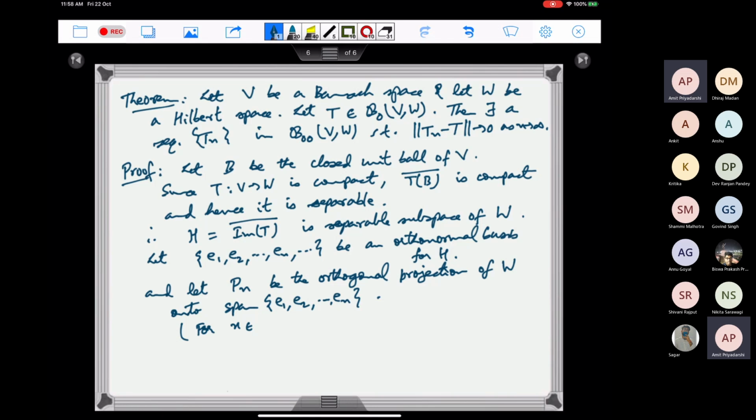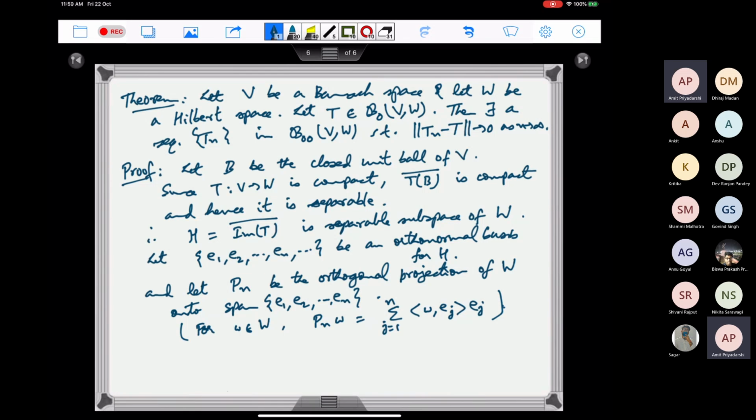So for any w belonging to capital W, Pn of w is simply the summation of j equal to 1 to n of the inner product of w with Ej, times Ej. So that is how the orthogonal projection is defined. You take the projection onto this subspace spanned by E1, E2, En.